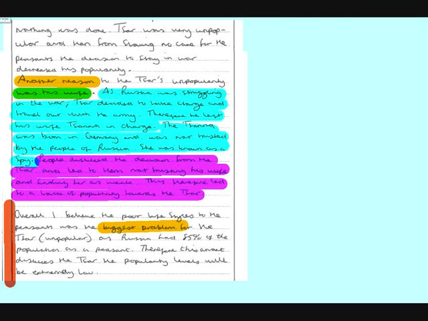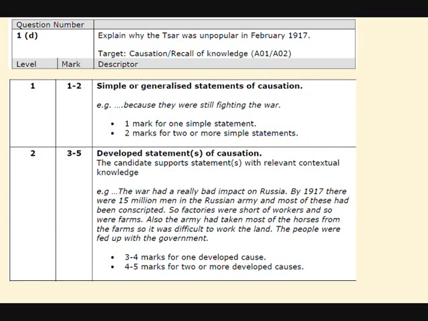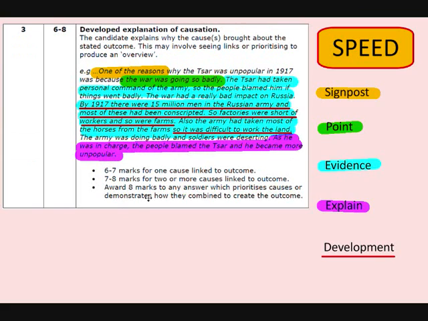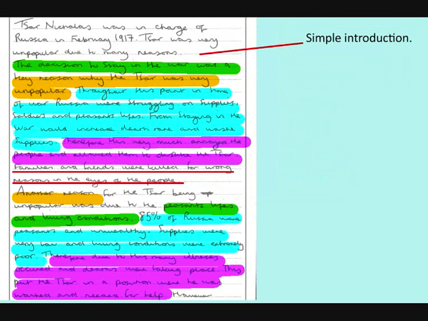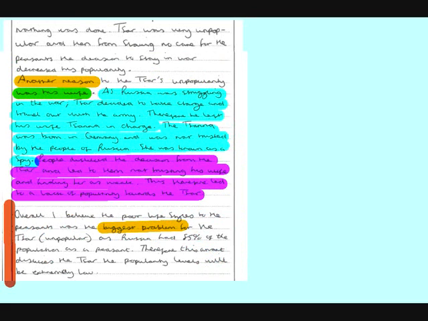And if we look back at our mark scheme, we can see award 8 marks for any answer which prioritises the causes and demonstrates how they combined to create the outcome. Well, this person has identified the issues with the war, the poor working conditions, and the role of the Tsar's wife.